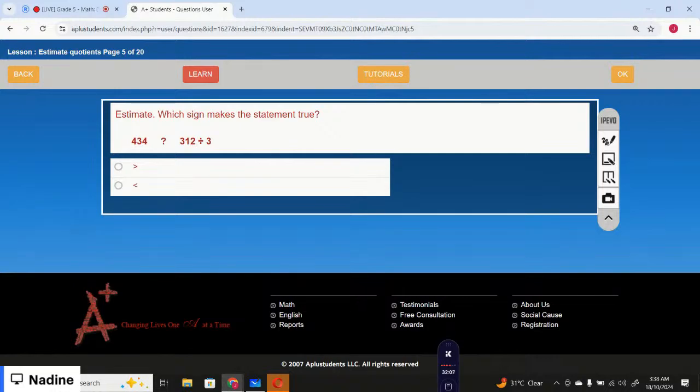Estimate 434, and you have to compare it to 312 divided by 3.